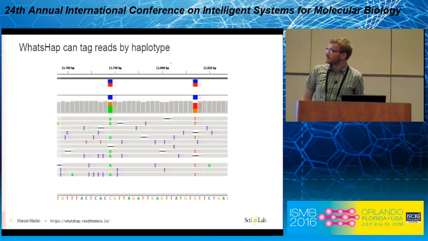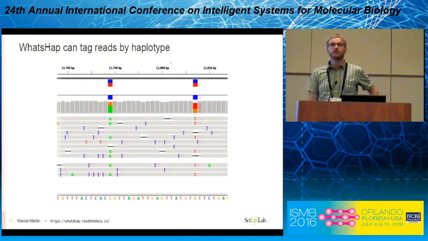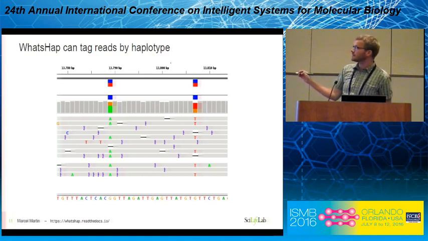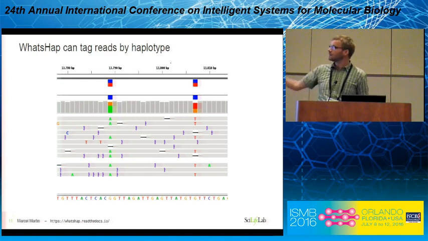So here's a nice feature that is maybe small, but it gives you a nice picture to show you. WhatsApp can tag reads in your input BAM file by the haplotype they belong to. So if you look at this screenshot from the IGV, then you have lots of reads, and you can kind of see that they belong to different haplotypes, and you have two variants here, right?